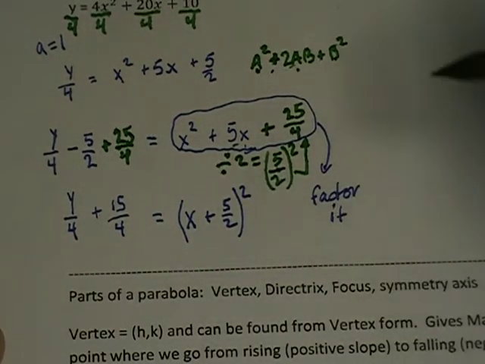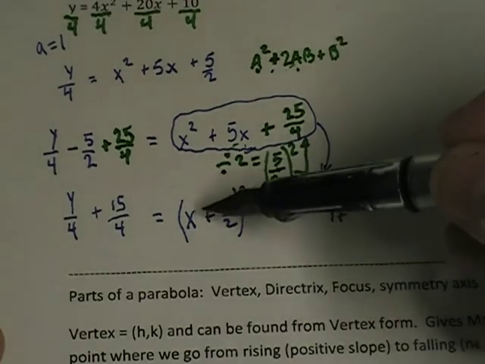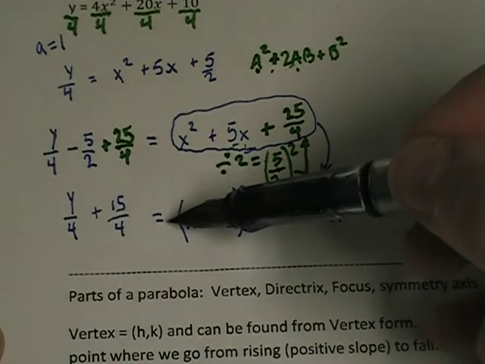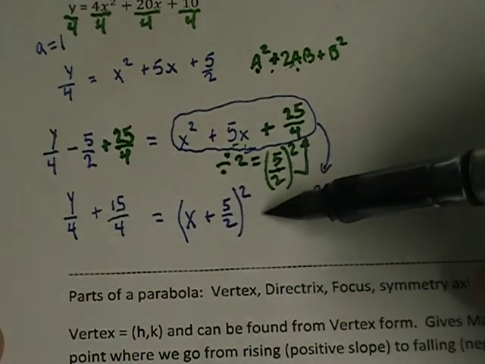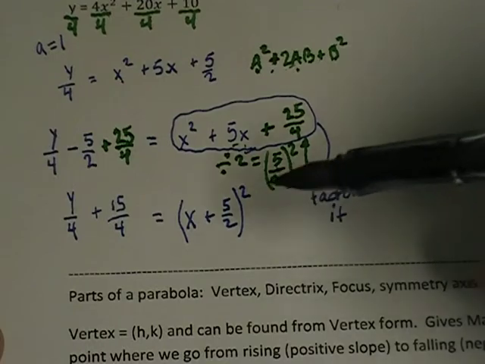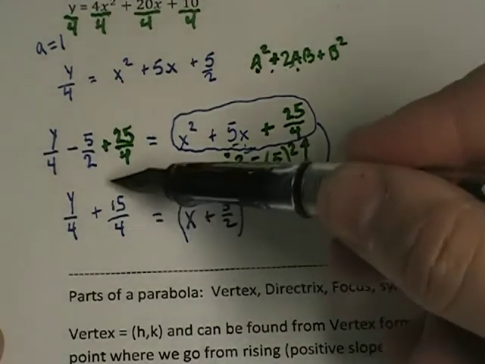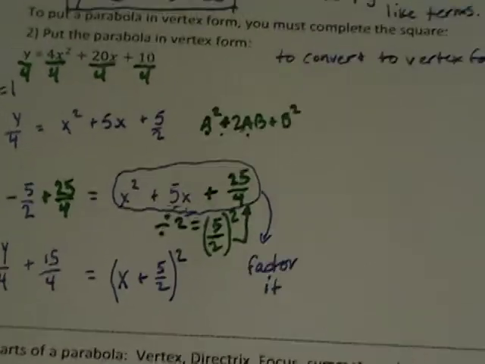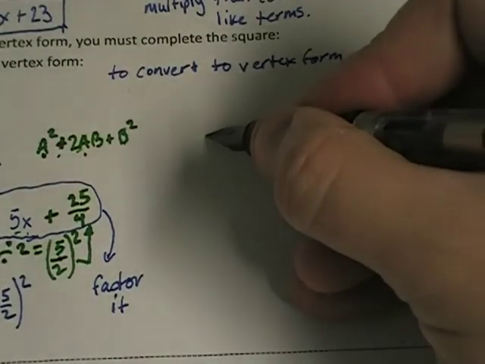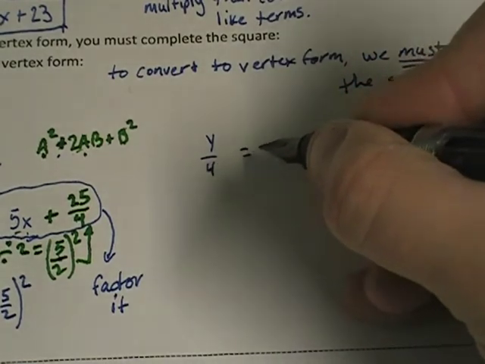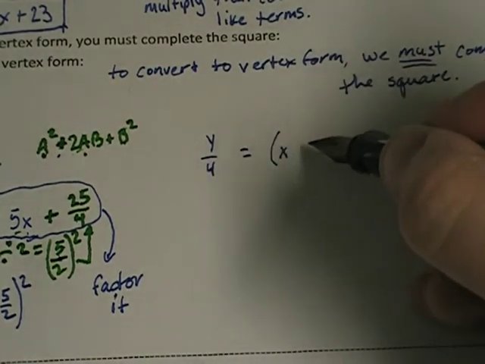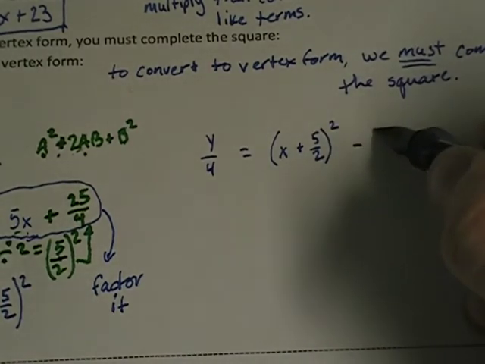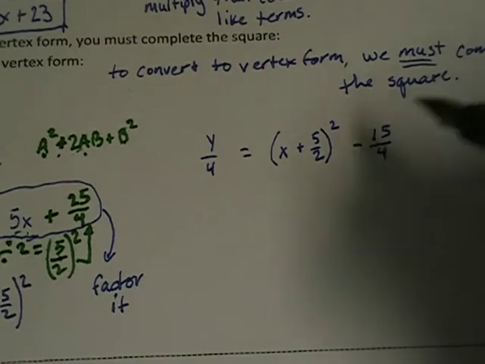Okay? So now if you recall your vertex form, right, x plus h or x minus h quantity squared, we need to get our a term here and we need to get our k term, our vertical shift, here. Well, if I move this over and put it here, it becomes that k term. So let's do that. So we end up with y over 4 is equal to x plus 5 halves quantity squared minus 15/4.